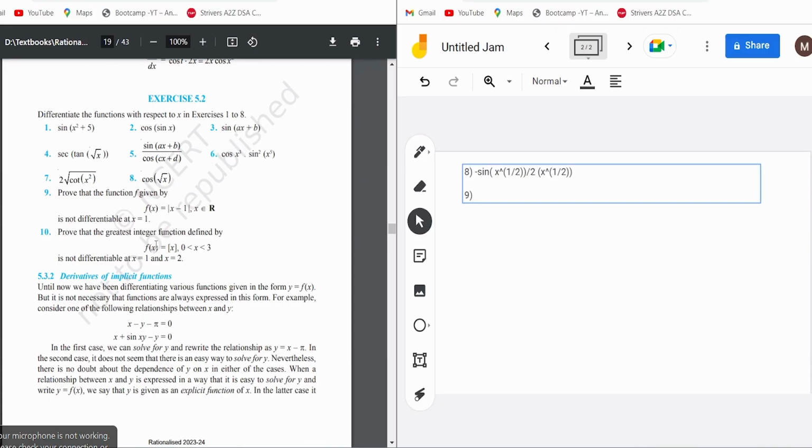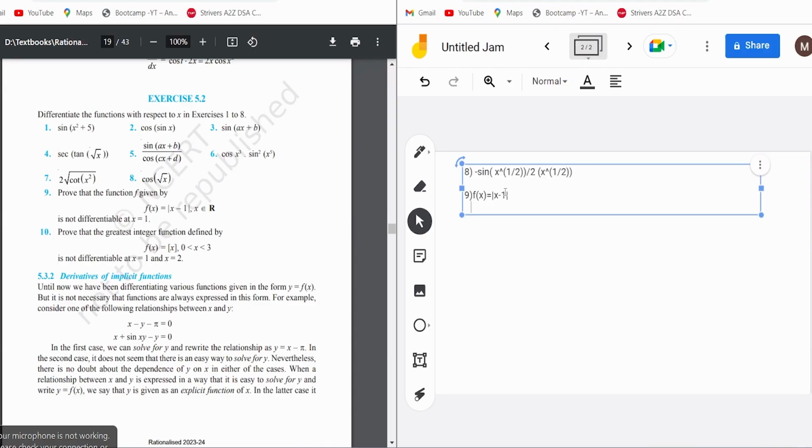Function f(x) is given as mod of x minus 1. Let's do it using the main definition of differentiation only.